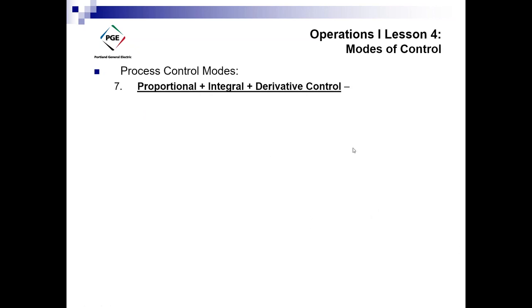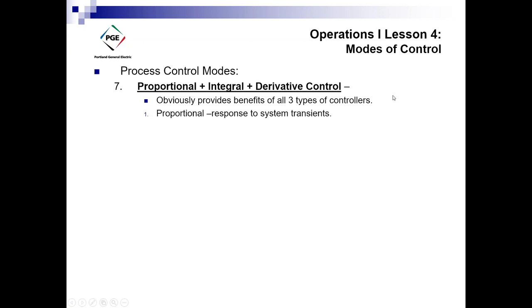So proportional, integral, and derivative. Obviously, it's the benefits of all three types of controllers. The proportional part responds to system transients. Integral is output rate of change is proportional to the time the error signal is present. So remember that. So integral responds to how long the error signal is there. So proportional is just strictly the response to system transients.